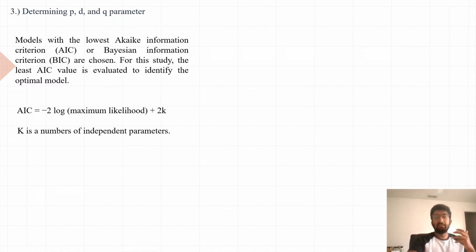It is a product of the log maximum likelihood multiplied by 2, and we add the number of independent parameters. So this is basically the math behind determining the PDQ parameters. But even with the autocorrelation graph or the partial autocorrelation graph, we can tentatively say what the values of P, D, and Q will be.